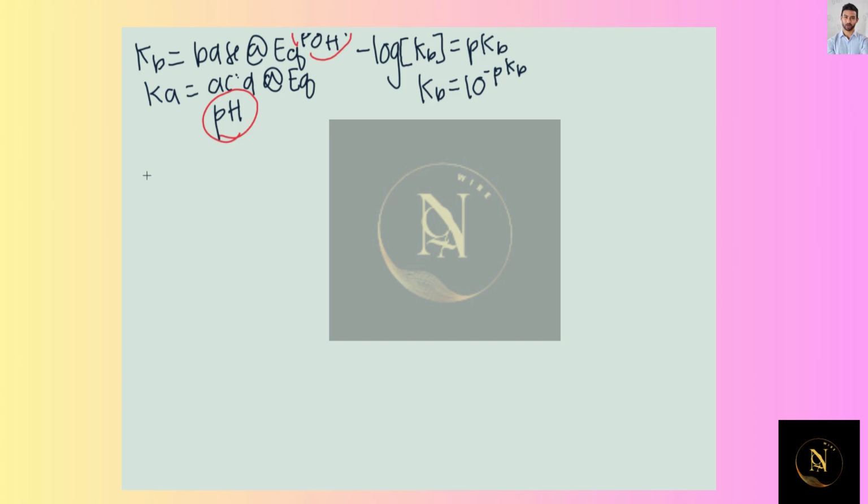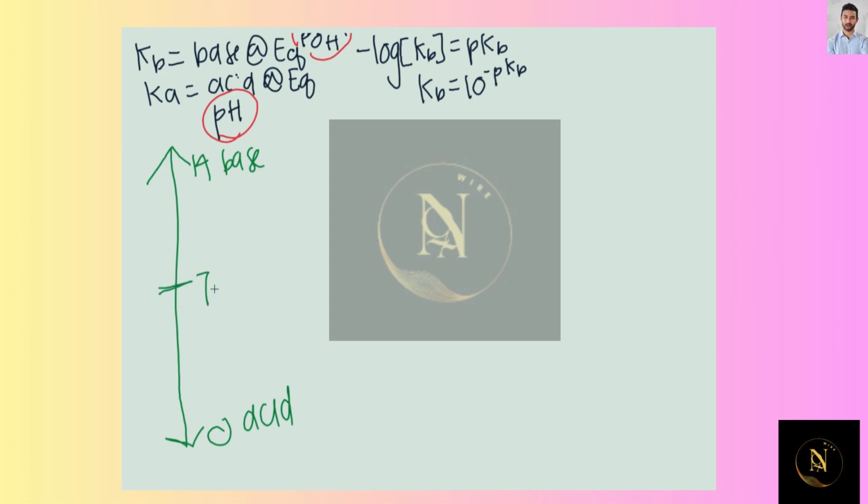The pH scale is very widely known. It goes from 0 to 14, where 14 is your base and 0 is your acid.